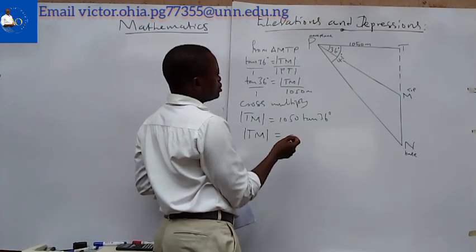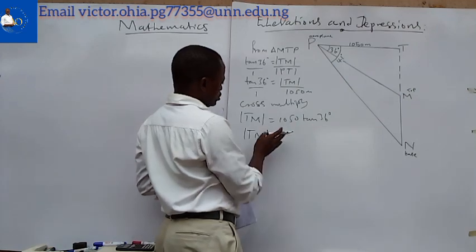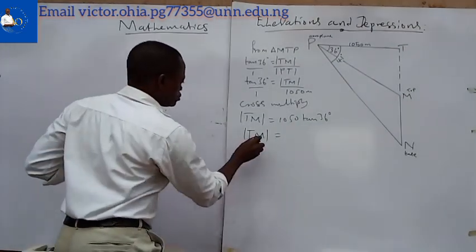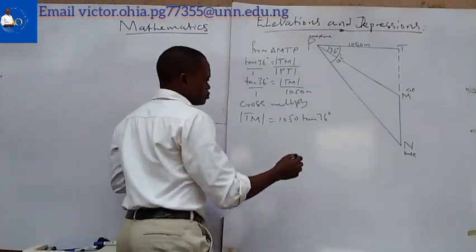I may get the actual value or I may decide to leave it like this. Let me leave it like this for now and check some other things down here because I am sensing something.